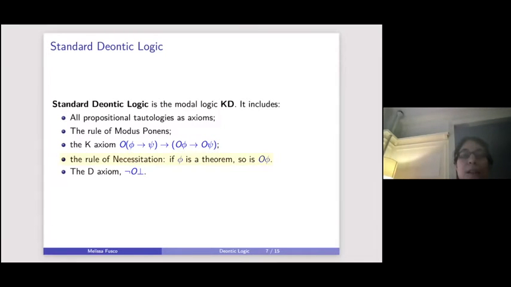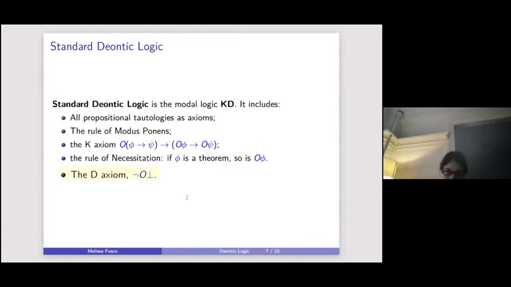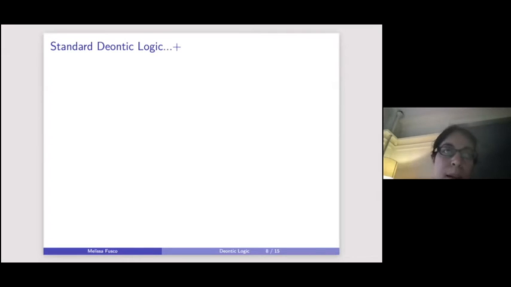So if you're starting out with some theorem phi, then you can conclude ought phi. This is just to say, if you're starting out, for example, with some propositional tautology like P or not P, then that's going to be true at every deontically possible world. So ought P or not P will also hold. And then, of course, we have the D axiom: not ought bottom, or equivalently may top. So that's it. That's standard deontic logic, the modal logic KD.